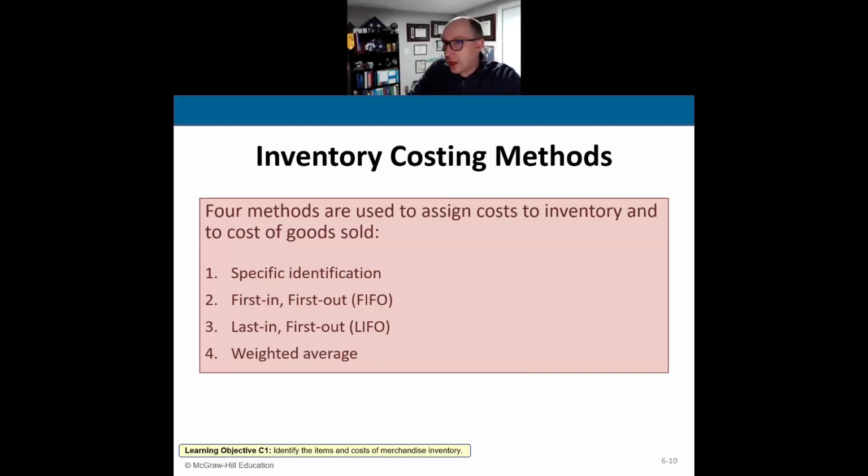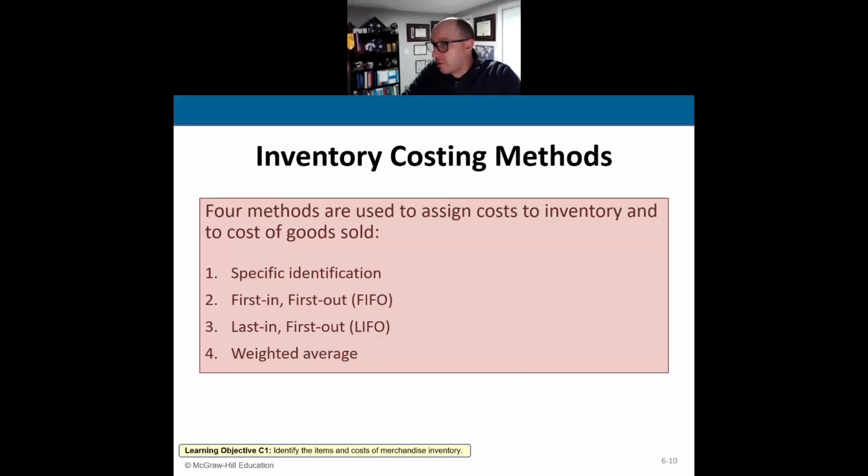The next three we're going to go through an example with, and I'm going to take my time with it because these next three can be somewhat confusing for some students. So I'm going to walk you through it. The second one is called first in, first out, or FIFO.